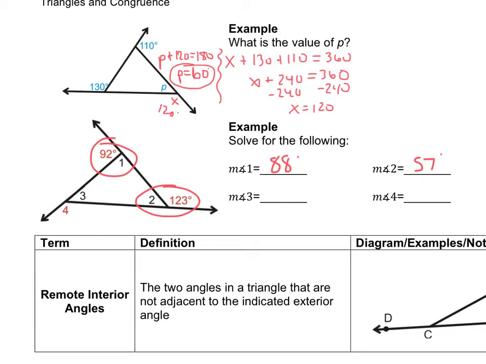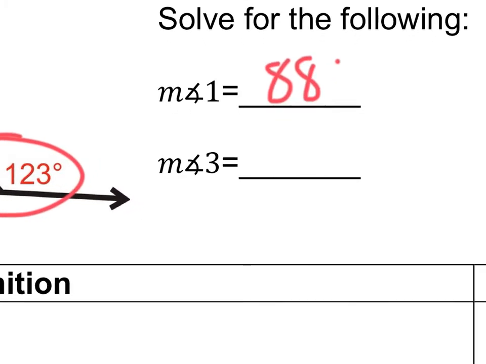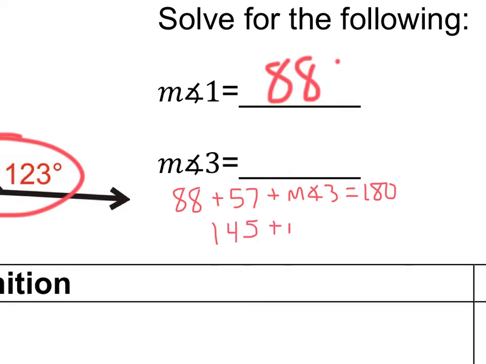For angle 3, I'm going to use the triangle sum theorem and the measures of angles 1 and 2. So that is 88 plus 57 plus the measure of angle 3 should be 180. So I get 145 plus the measure of angle 3 equals 180.